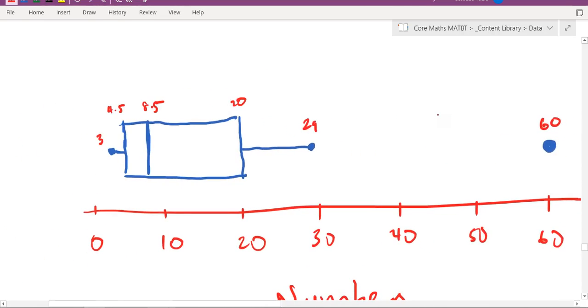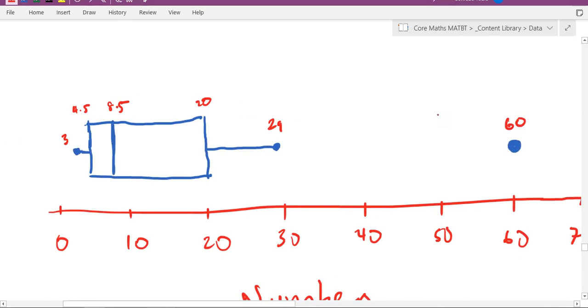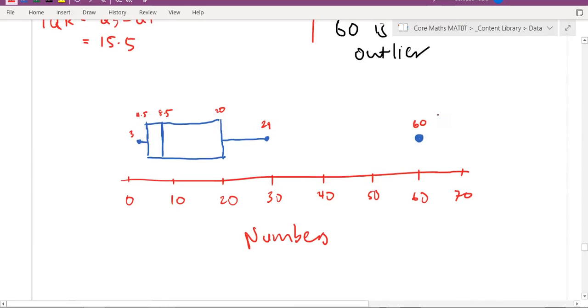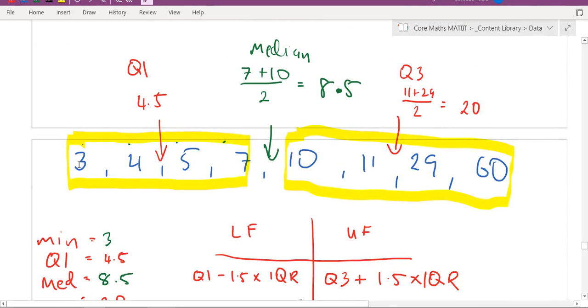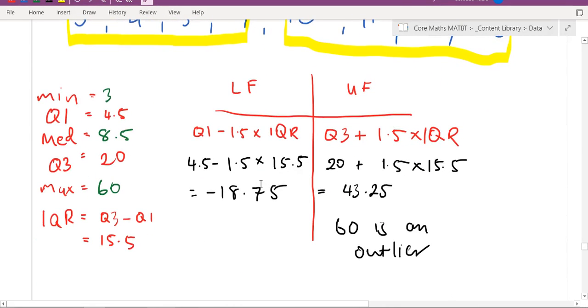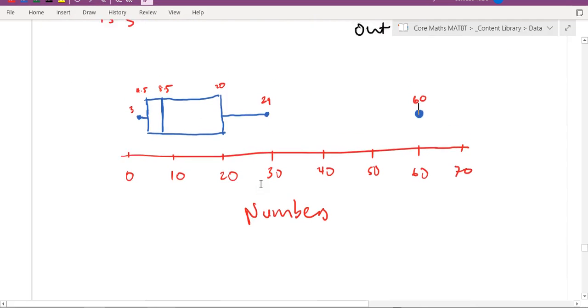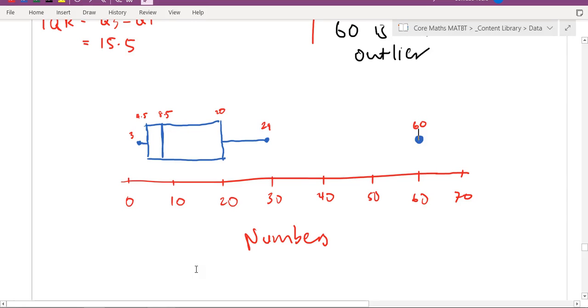So don't forget to put those numbers. Very important that you do. So that's basically how we go from numbers all the way to the 5-number summary, upper and lower fence, and then the box plot itself. That's just a quick recap of what happened last lesson.